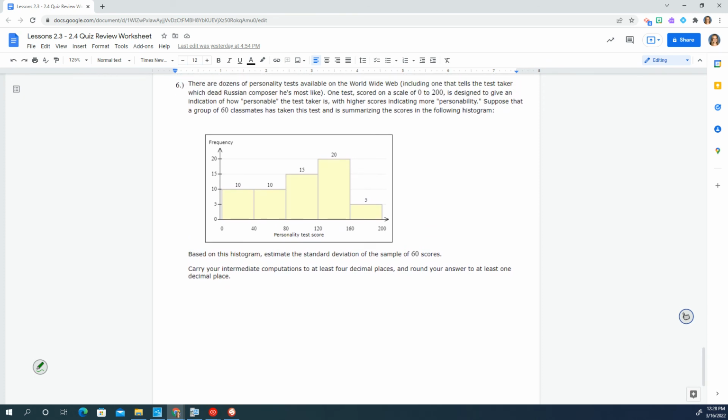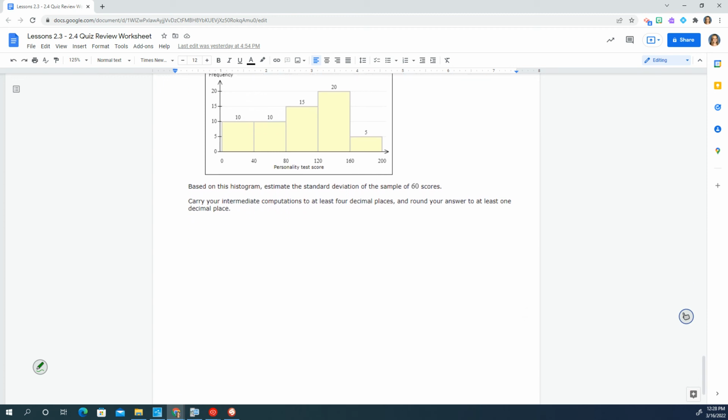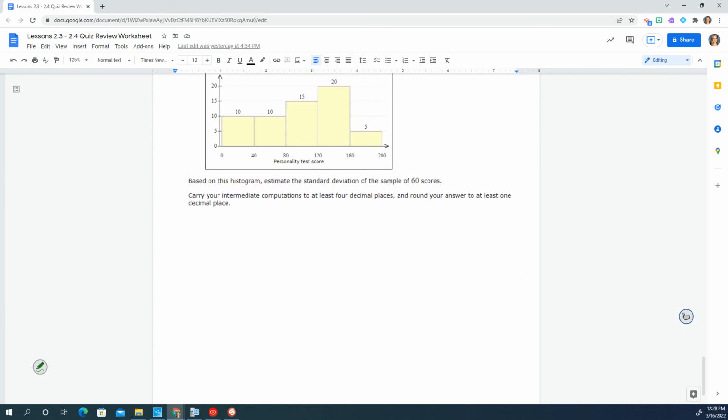So personality test, it looks like, and they were scored on a scale of 0 to 200. Suppose that a group of 60 classmates has taken this test and their scores are summarized below. All right, we still want to find the standard deviation. The tricky thing with histograms or frequency distributions is we don't exactly know where the data is.